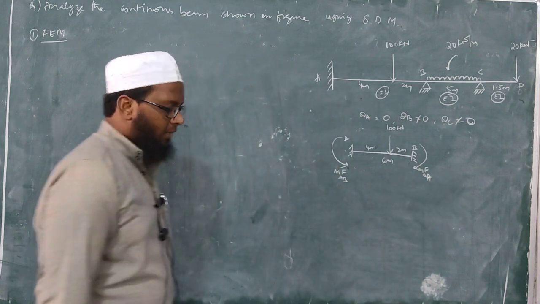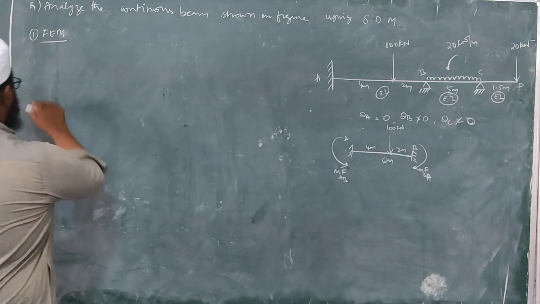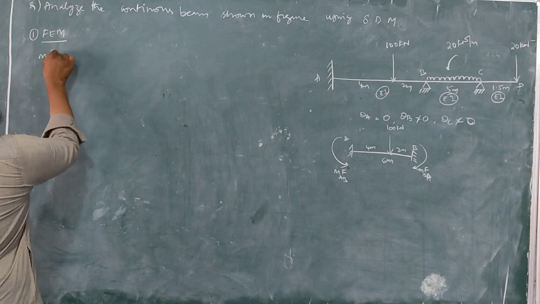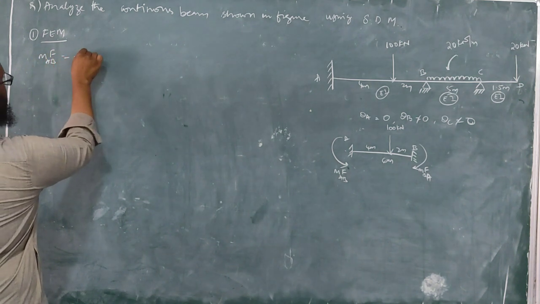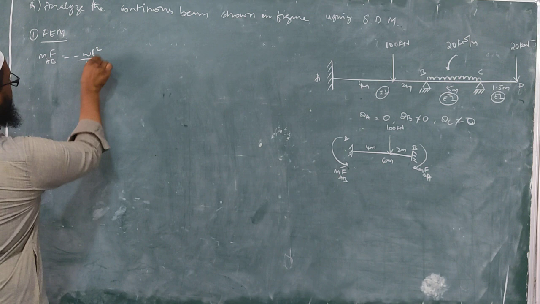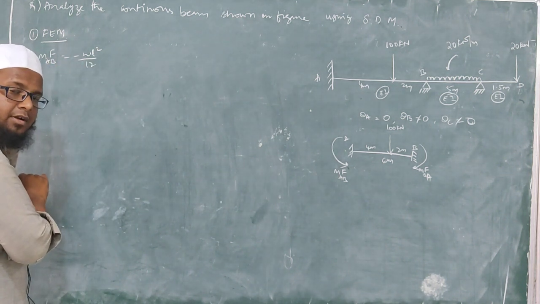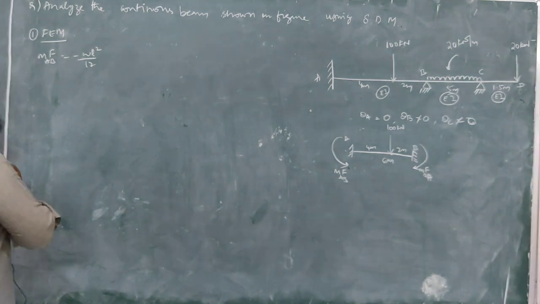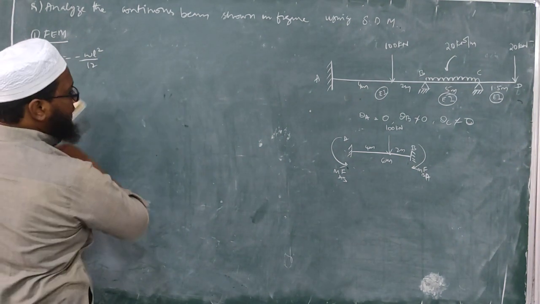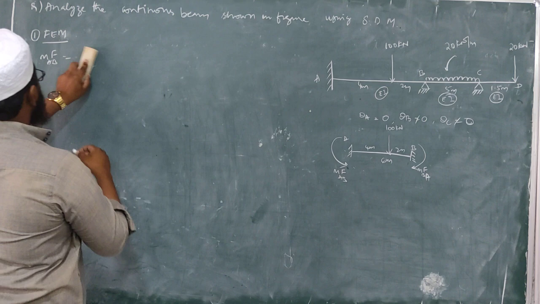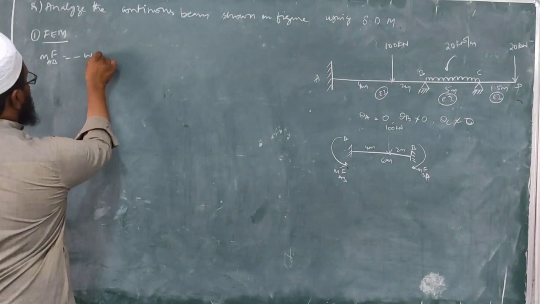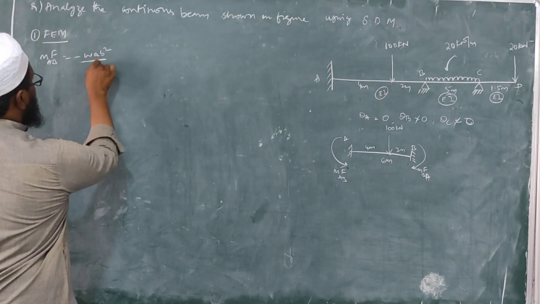Can you tell me the formula for MF AB? That is minus WL square by 12, not 8. 8 is for bending moment, 12 is for fixed end moment. Sorry, this is an eccentric point load, so minus W A B square by L square.